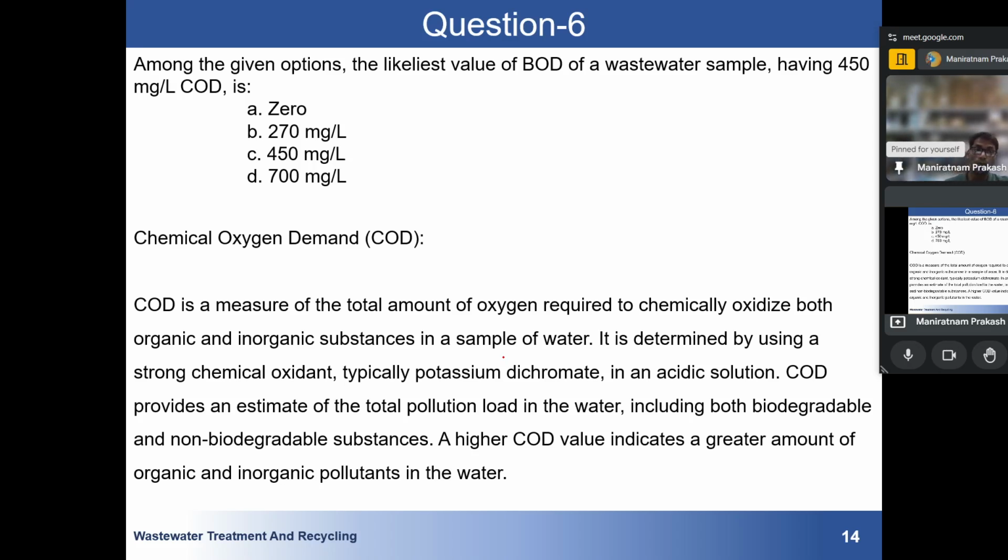You can read in the book which I referred to in the first slide how the experiment is done. COD provides an estimate of total pollution load in the water, including both biodegradable and non-biodegradable substances. A higher COD value indicates a greater amount of organic and inorganic pollutants in the water.